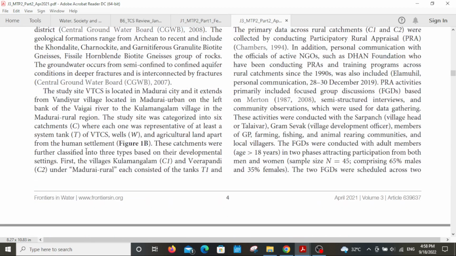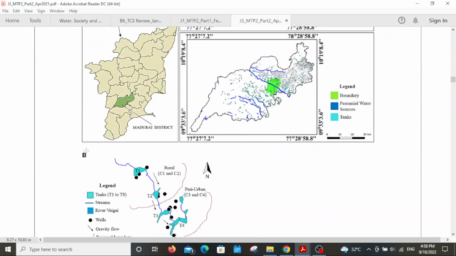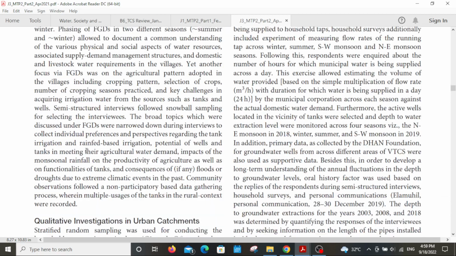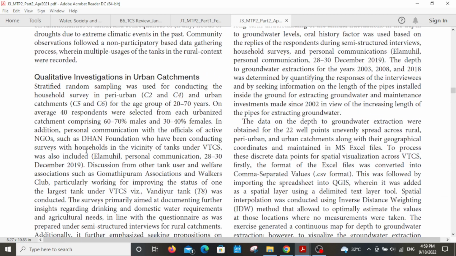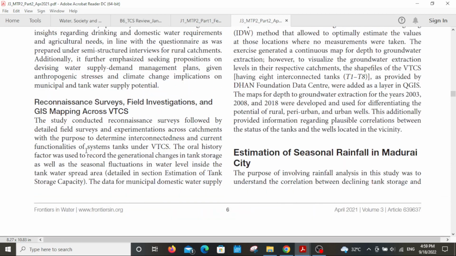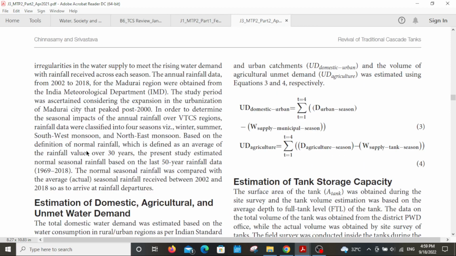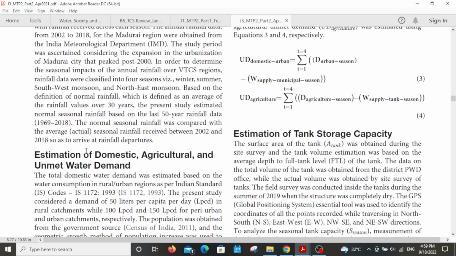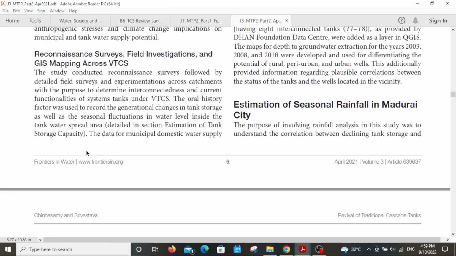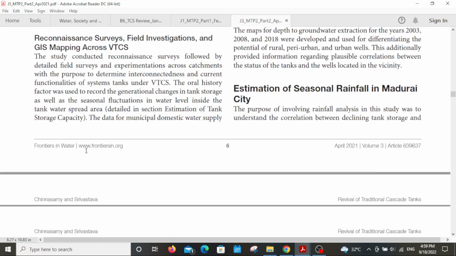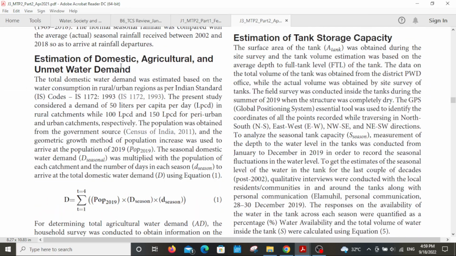I suggest that you also read the methodology and see how field level interventions and qualitative and quantitative investigations have been conducted to acquire the knowledge. So both primary and secondary data sources have been utilized. Right. So the things which are in addition to the previous research is identifying the domestic, agricultural and unmet water demand.